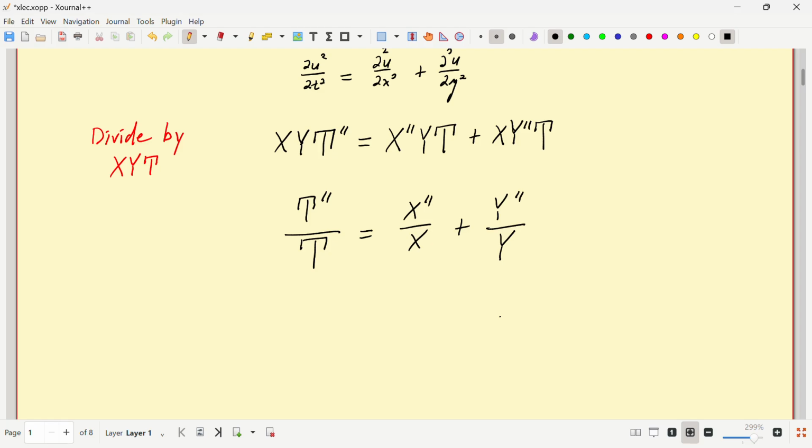So let's see, a typical thing to do is pick a t naught, let t equal something. You see the right-hand side is constant. And then once you know the right-hand side is constant, you conclude the left-hand side is constant too. So the left-hand side equals the same constant.